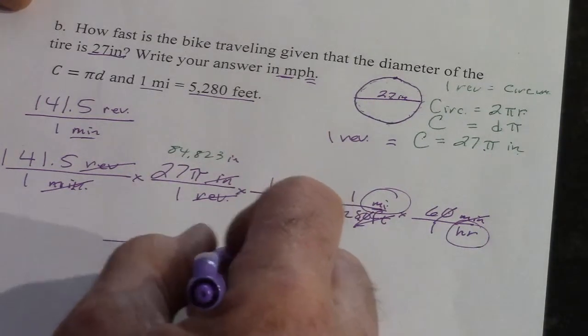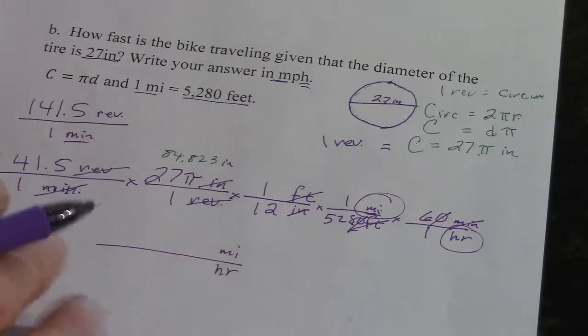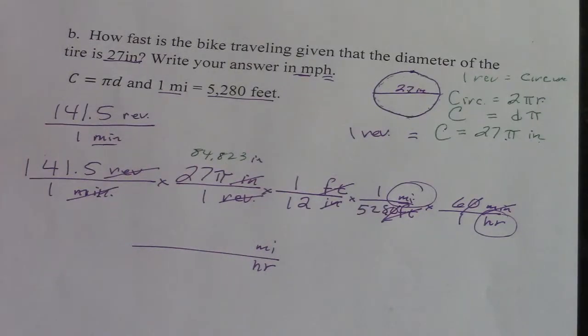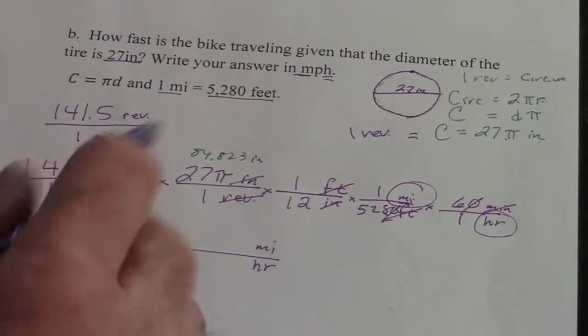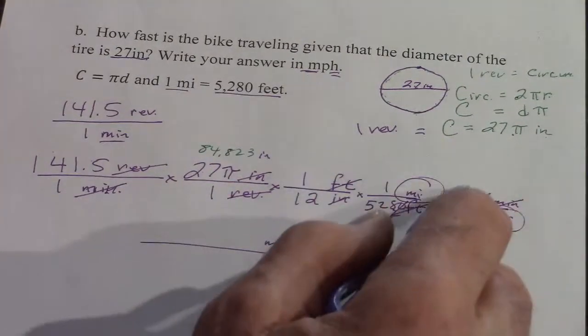So that will give me 141 times the 27 times pi. You could put 3.14 in there if you wanted, but pi is about 3.1416 approximated, and then times that by 6. 141 times 27 times pi times 1, which you don't need, and 6.